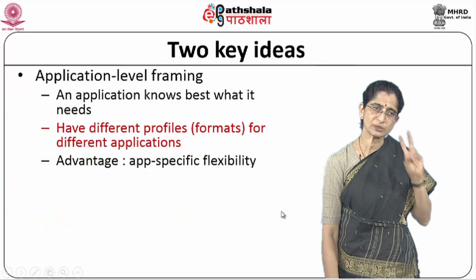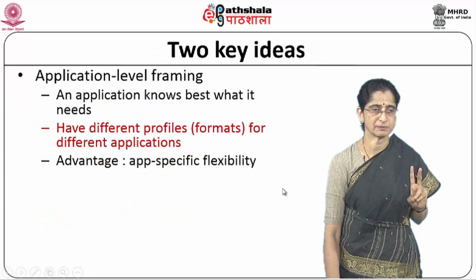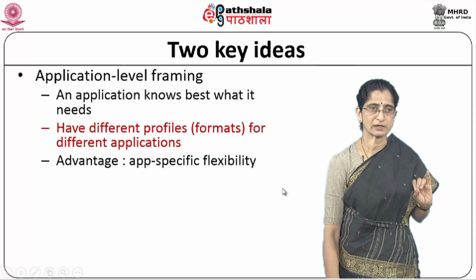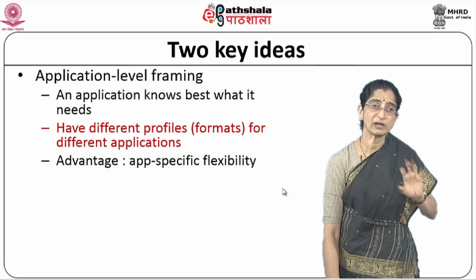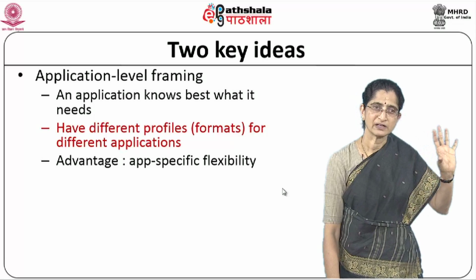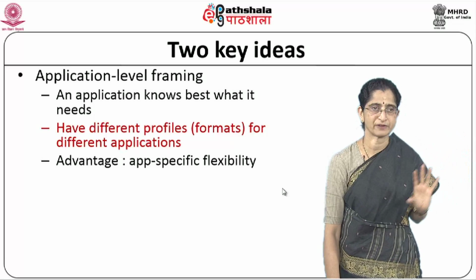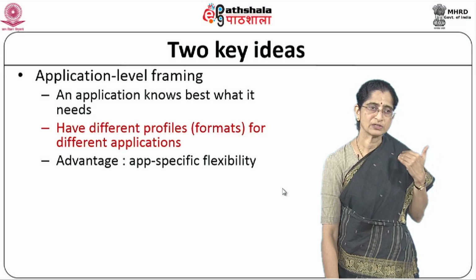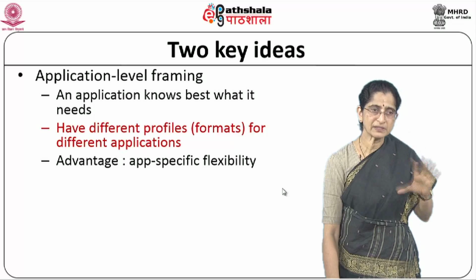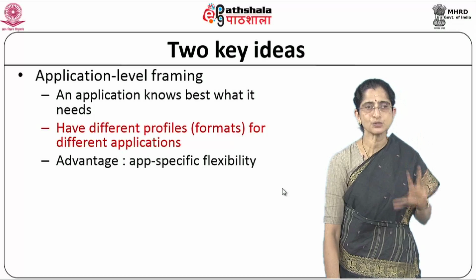Okay. There are two key ideas that are used in the design of the RTP protocol. So, the first one is called application level framing. What this means is that you let the application figure out how it wants to frame the data, how it wants to format the data and so on. The idea is that the application knows best what it needs.